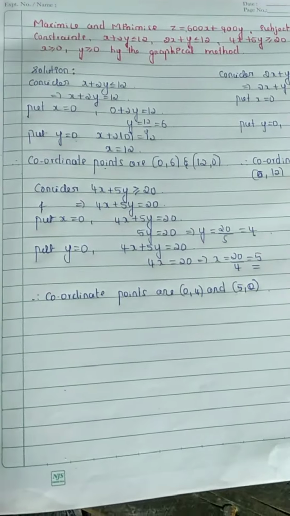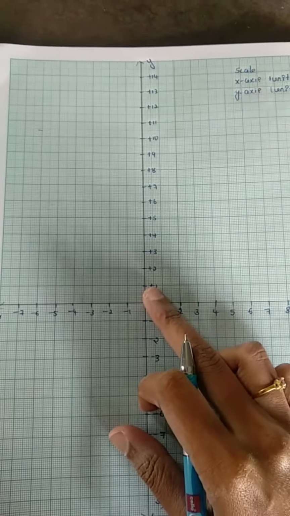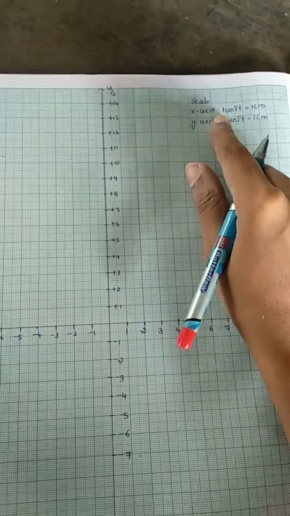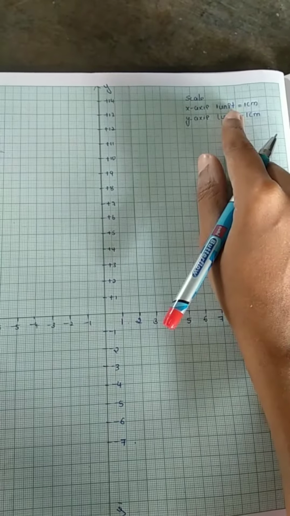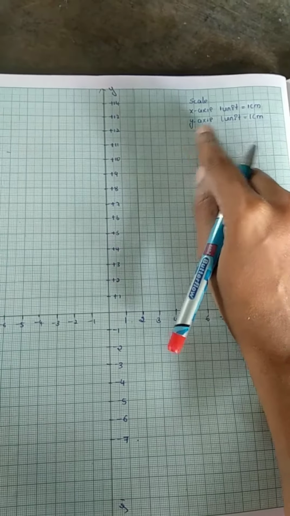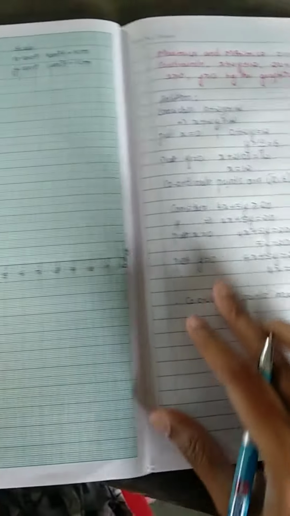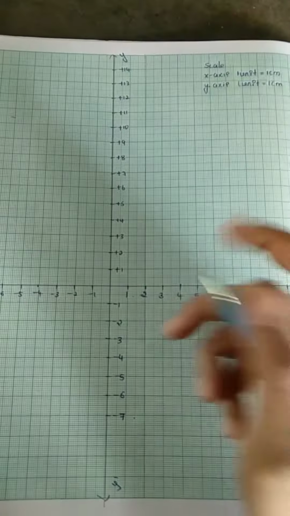Now the graph. In the graph, take points 1, 2, 3, 4, 5, 6. So we write the scale as x-axis 1 unit equal to 1 centimeter, y-axis 1 unit equal to 1 centimeter. For the first equation, the coordinate points are 0, 6 and 12, 0.